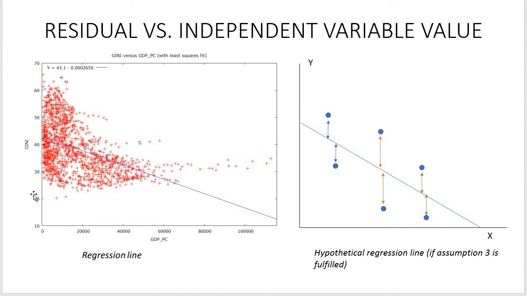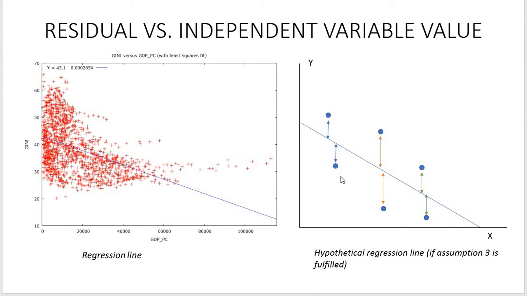At this portion of the graph, yes, you have a lot of positive values and then a lot of negative values, or values below the regression line, and then you have a lot of negative values and not that many positive values. In contrast, if you draw some hypothetical regression line which fulfills the third assumption, that the mean value of the error term should be equal to 0, it should look something like this. Again, it's a very schematic and simplistic depiction, but you've got the idea.